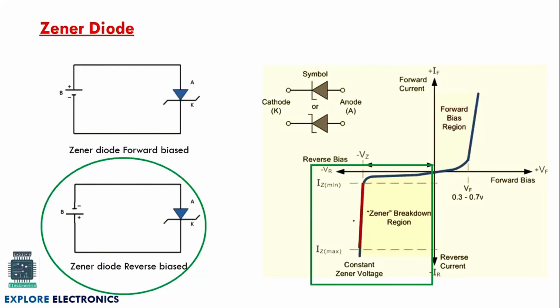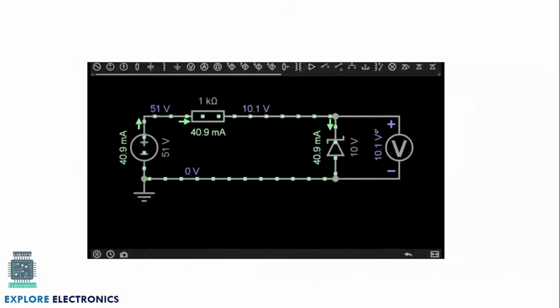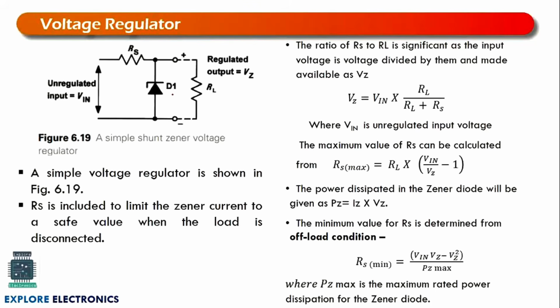So this functionality can be utilized as a voltage regulator circuit. The Zener diode, connected in a reverse biased fashion, is utilized here as a voltage regulator. In this circuit, we have RS connected to the input of the Zener diode.